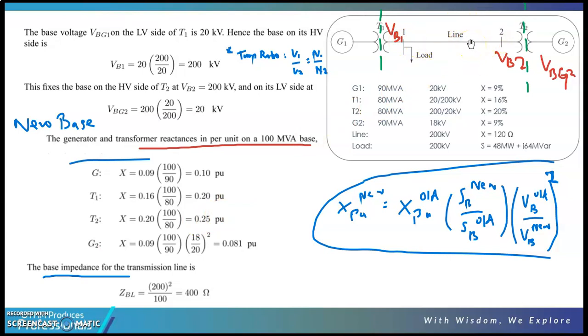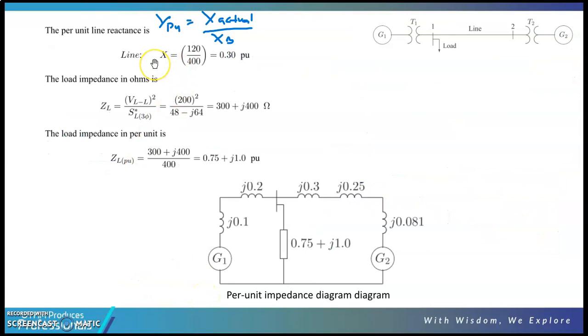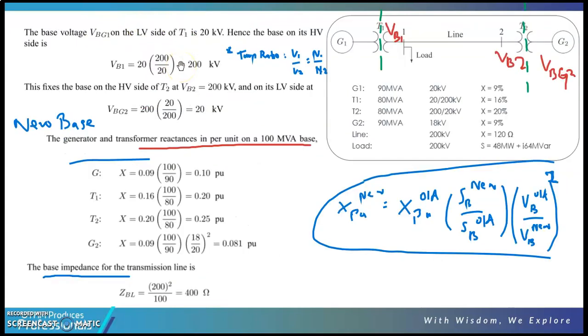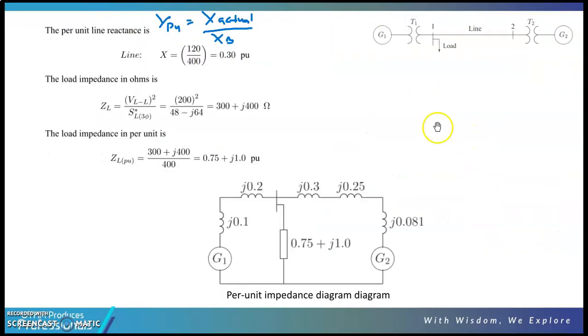The last one, you need to determine the per unit value for the load. For the transmission line, you need to determine the base value of the transmission line, and then you can determine the per unit value of the transmission line.